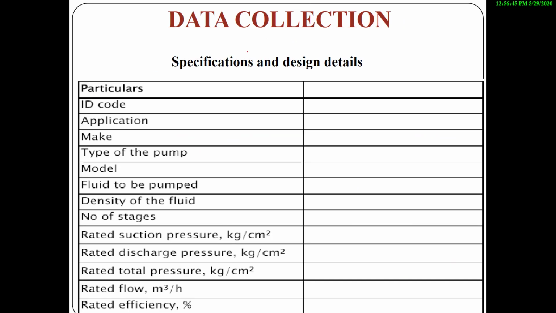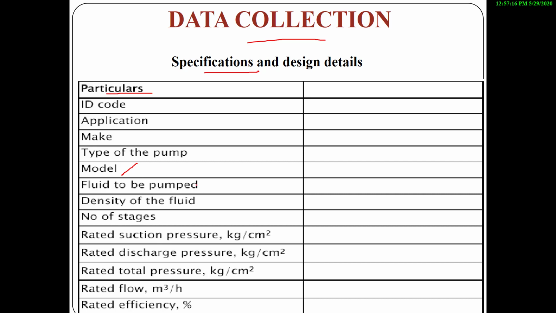Here are the data collections, that is, what data or specifications have to be considered while selecting any pumping system or pump. These are the categories: ID code, application, make, type of the pump, and model.